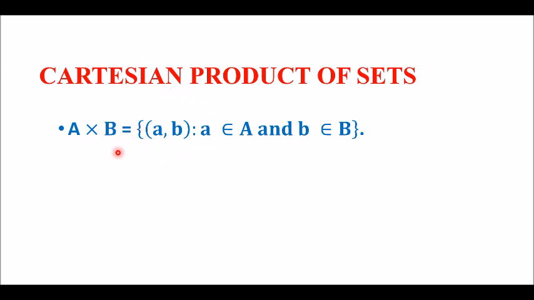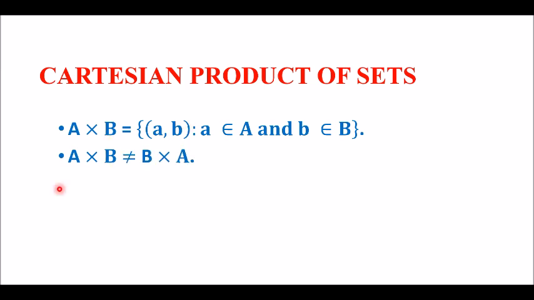This is called an ordered pair because this order cannot be changed and these two are always together. So it is a set of ordered pairs where the first element comes from the first set, in the sense the set which is on the left side of the cross mark, and the second element b comes from the set which is on the right side of the cross mark.